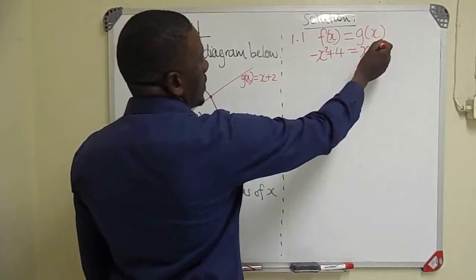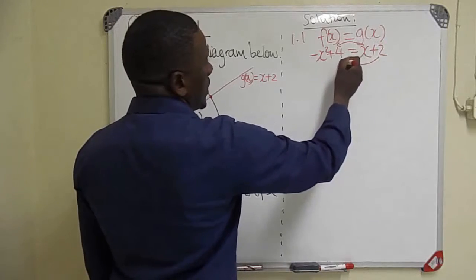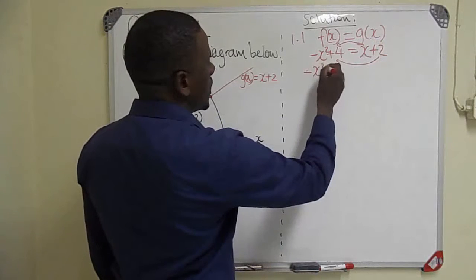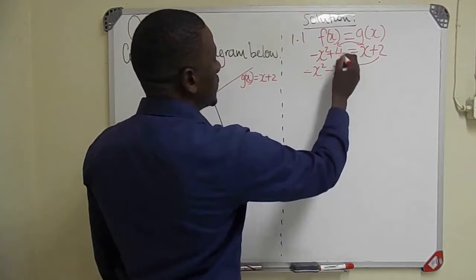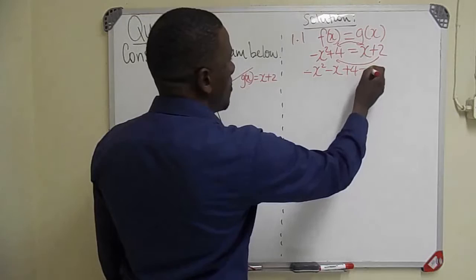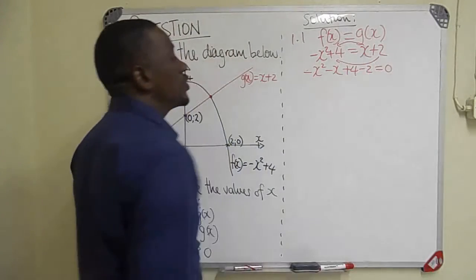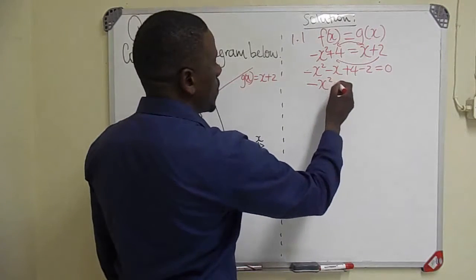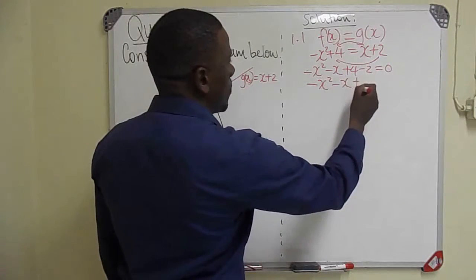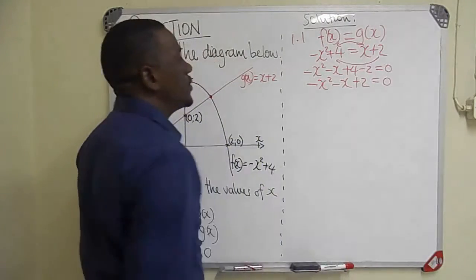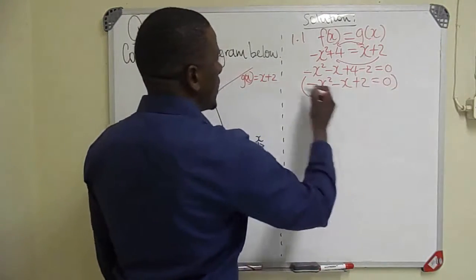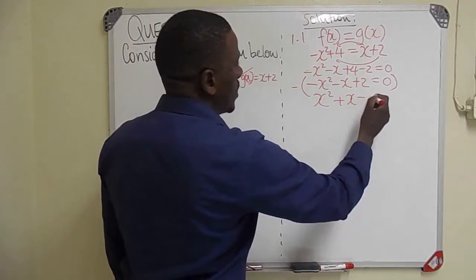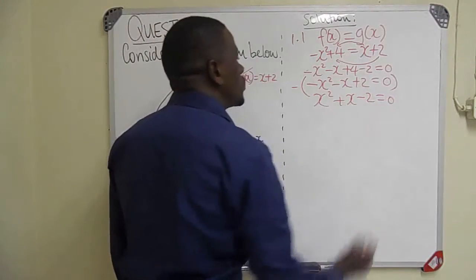So everything here comes this side, and that one comes that side. We will get minus x squared minus x plus 4 minus 2 is equal to 0. We have minus x squared minus x plus 2 equals 0. When you multiply this by a negative, we get x squared plus x minus 2 is equal to 0.